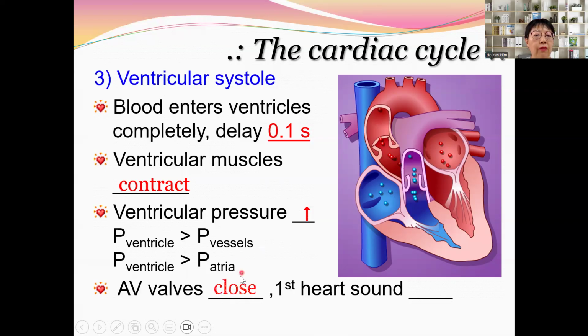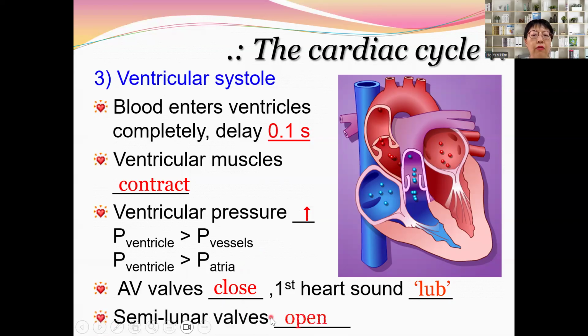Okay, so the semilunar valve will open. What about my AV valve? Because the pressure in the ventricle is now higher than the pressure in the atrium, what happened to my AV valve? Open or close? Close. This one is higher than here.